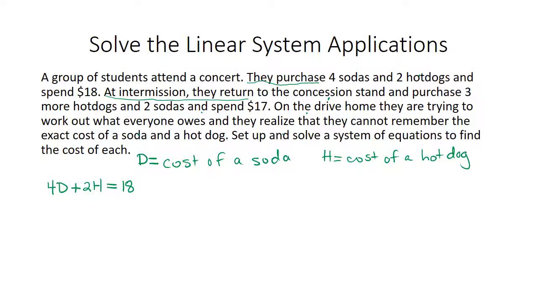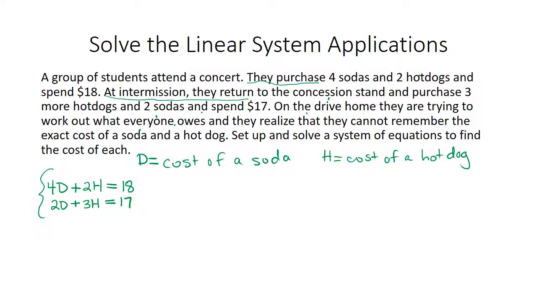Now be careful, this one's listing it in the other order, so that's 3 hot dogs this time, and 2 soft drinks or sodas, and this time they spend $17. So here is our system of equations. That's the system that we were asked to set up. This is probably the hardest part of the word problem, is just getting through writing the system.